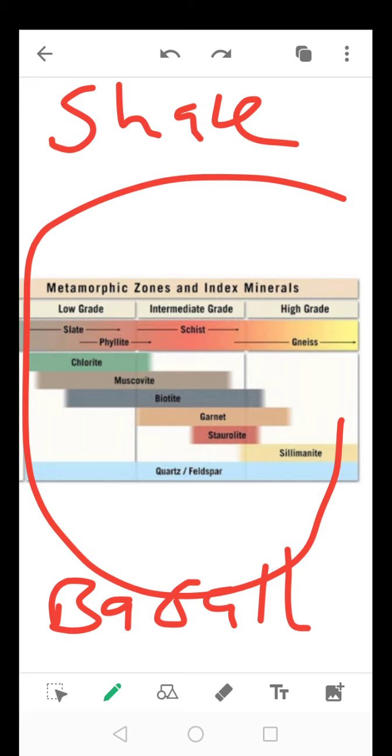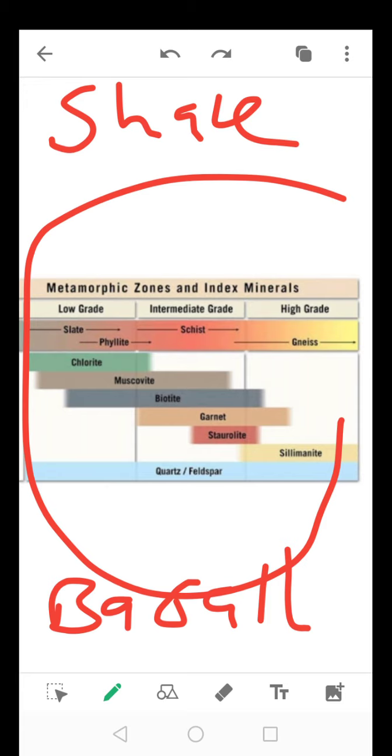Now, we will still be talking about the index minerals, and we indicated that the index minerals are nothing but good markers of specific ranges of metamorphic conditions, and they are used. You have to know their advantages to the geologist per se.